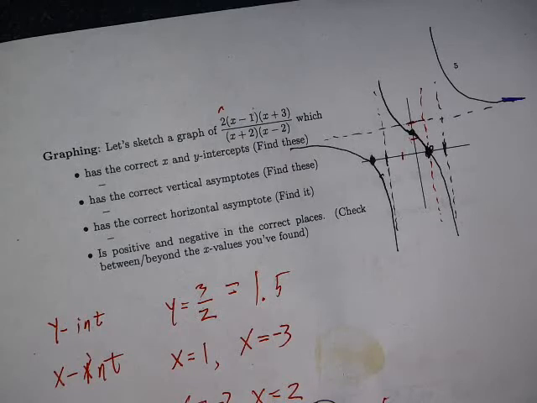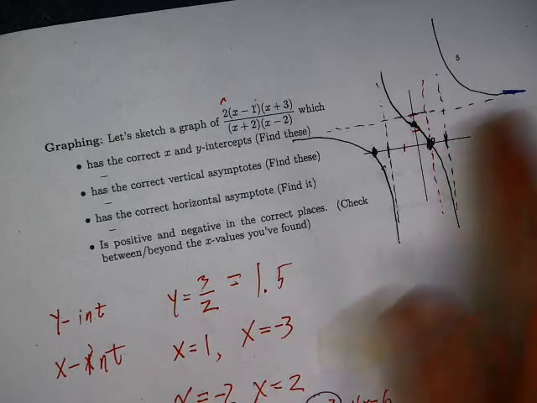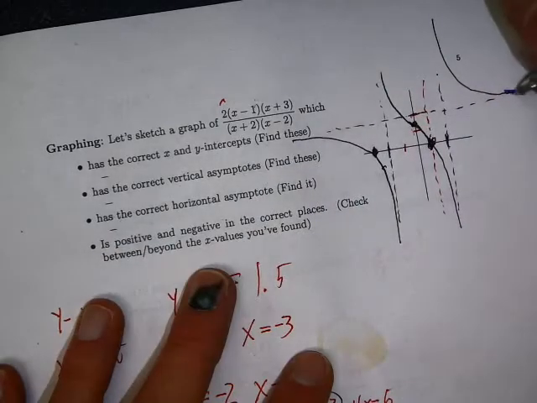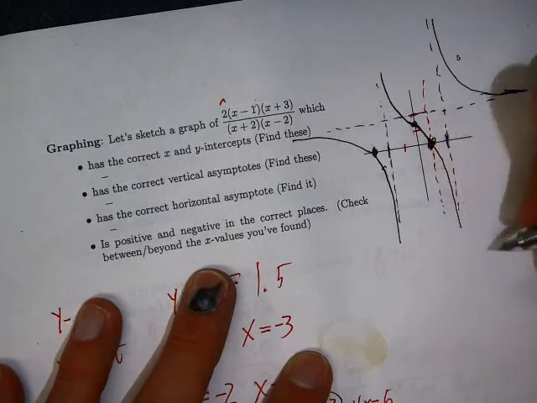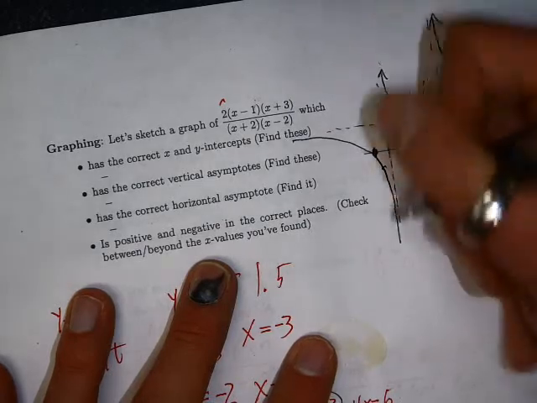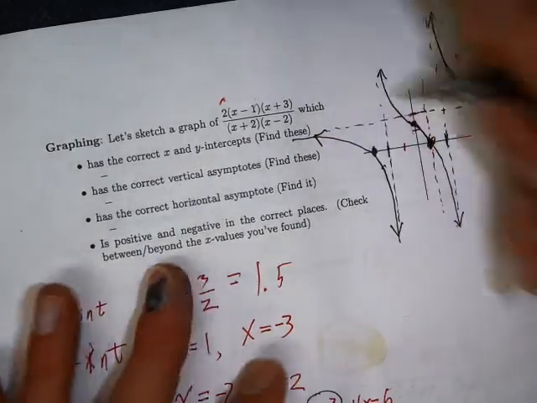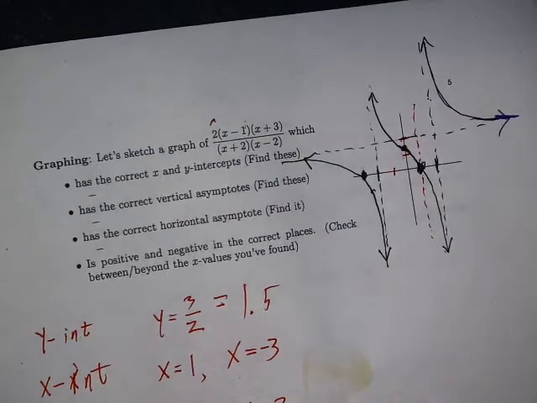When I plug in a really, really big number, it has to be positive. But it has no opportunity to switch to being negative this whole time. So it has to stay positive, and it has to get to this vertical asymptote. Well, it can't go to negative infinity because it would have to become negative. So the thing will have to go up to positive infinity. Does that help?